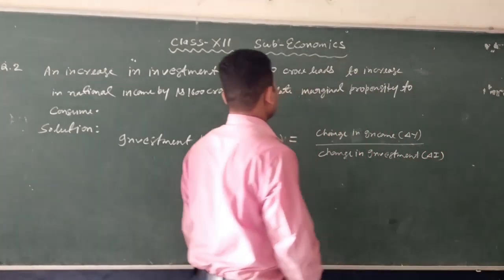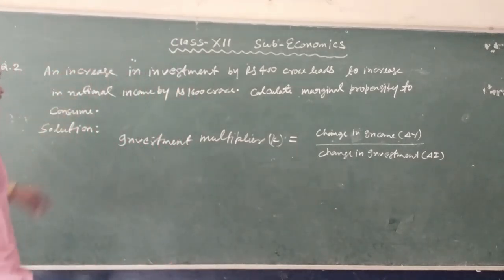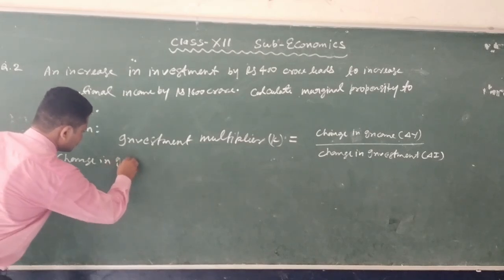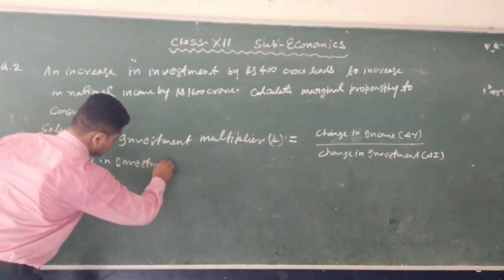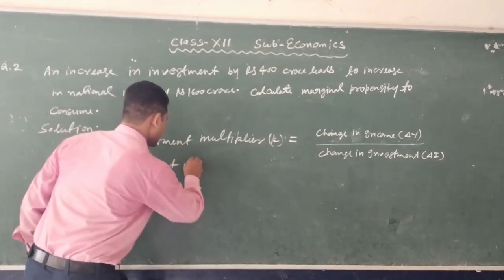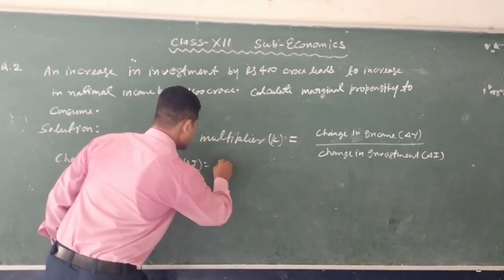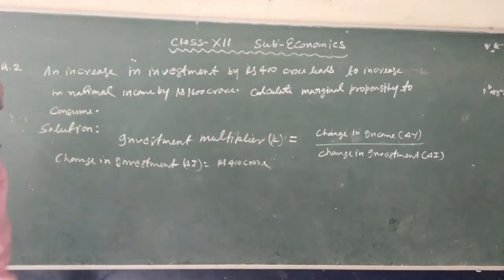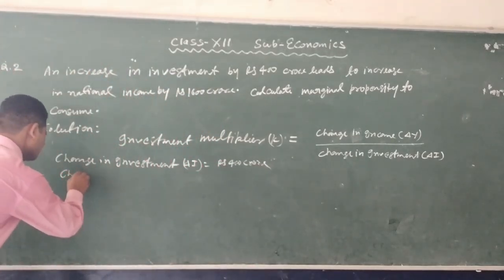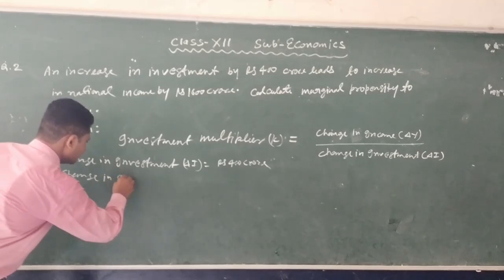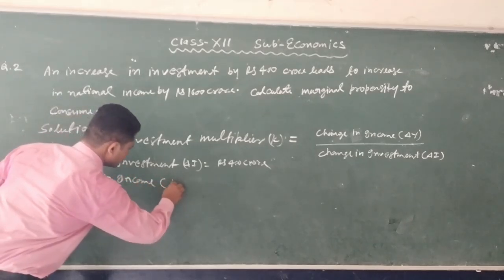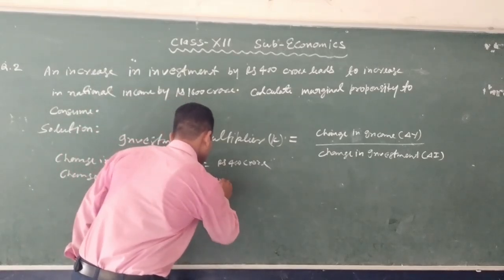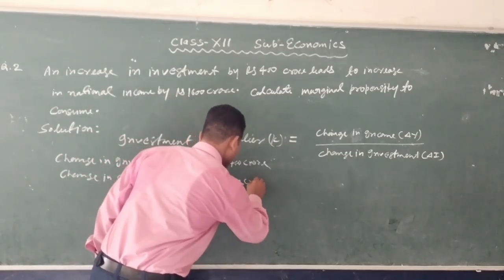delta I. The value of change in investment, delta I, is given as 400 crores, and change in income, delta Y, is given as 1600 crores.